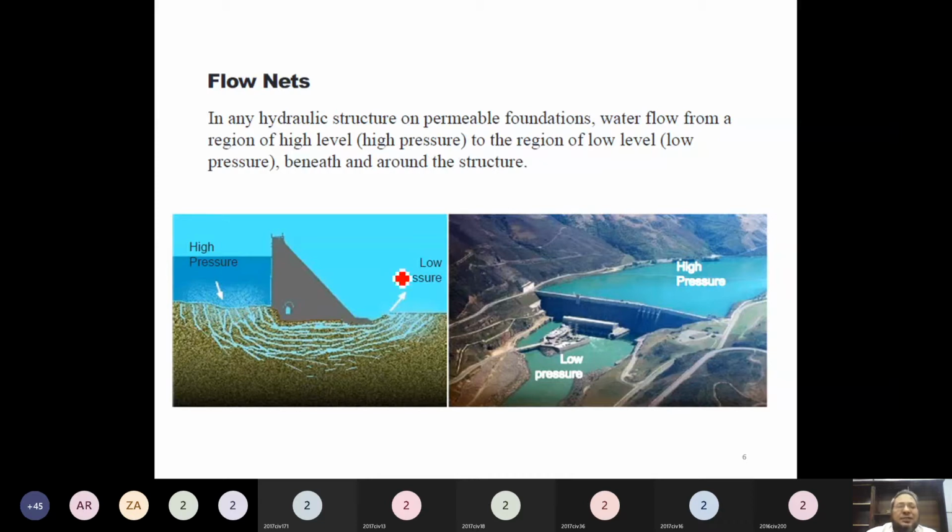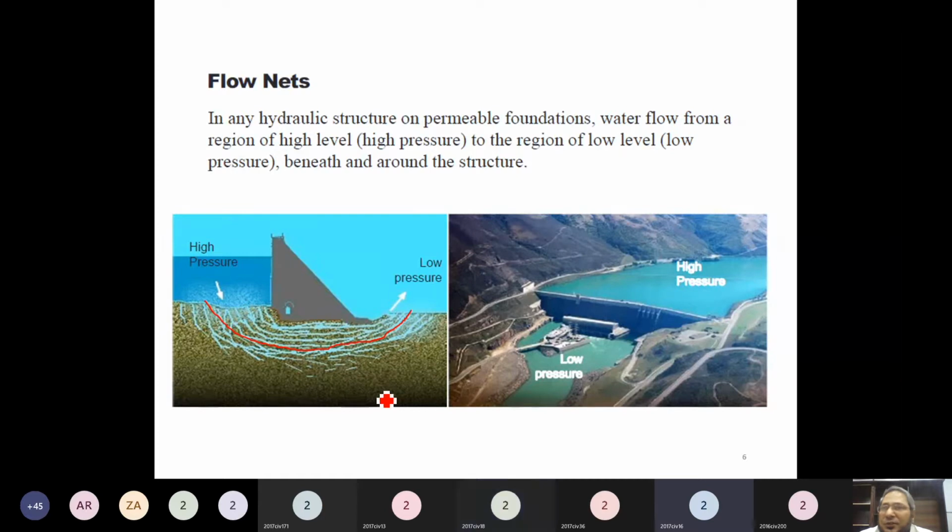Now here you can see it's a dam, and suppose this is the porous medium over which this dam is built, and this is the head on the upstream side. Now what are these lines which are in blue color? Which lines are these? Equipotential lines?